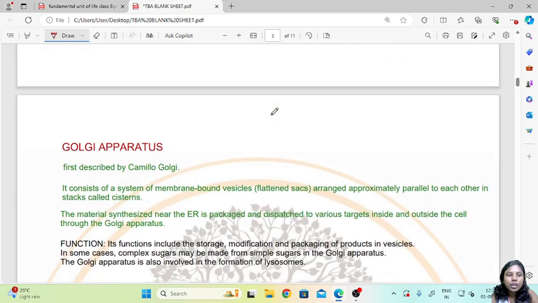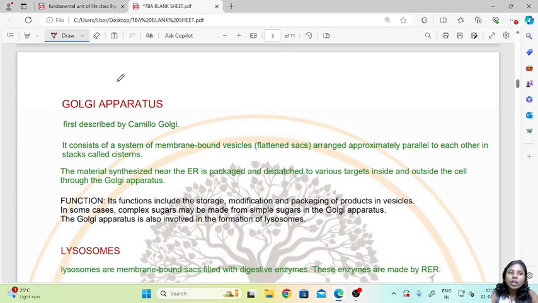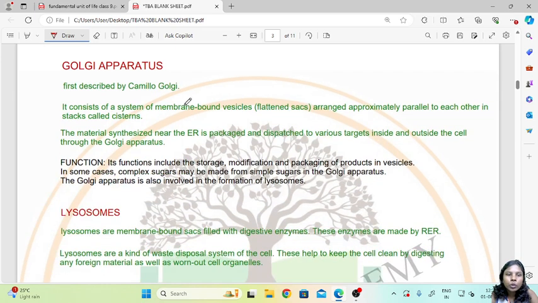Now next, we will talk about the Golgi apparatus. It was first described by Camillo Golgi. It consists of a system of membrane bound vesicles, that is flattened sacs arranged approximately parallel to each other in stacks called cisterns. So what is happening?